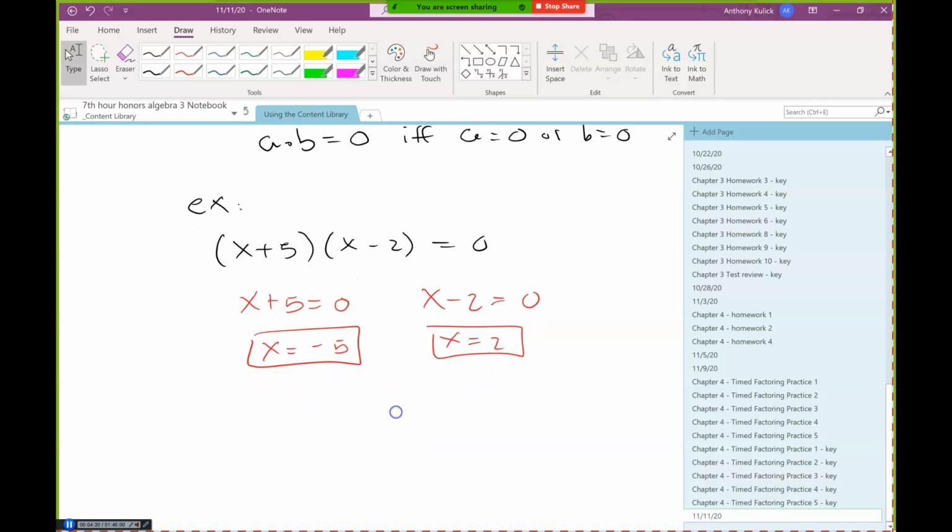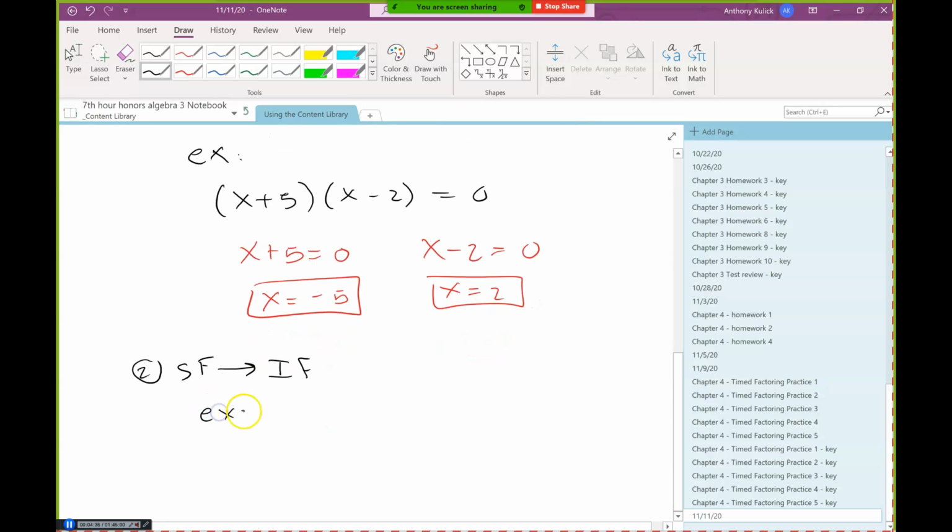Now, keep in mind, I can also many times take a standard form equation and turn it into an intercept form equation, which makes some of these standard form equations solvable. So for example, if I have x squared plus 3x minus 10 equal to 0, I can try to turn that into an intercept form equation. How do I do that?